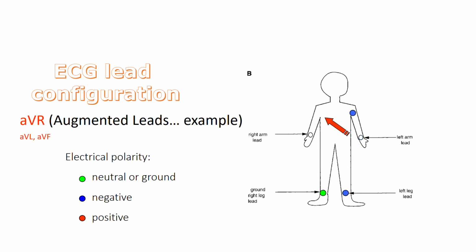And we also have 3 different configurations. In this lecture, I'm going to use the aVR augmented lead as an example. How to measure this?